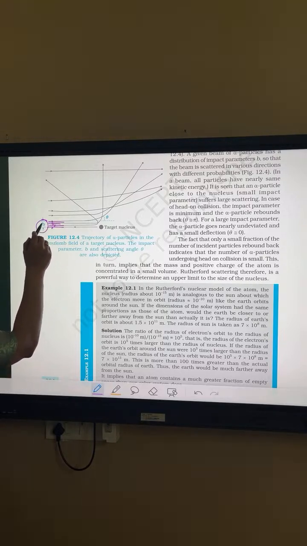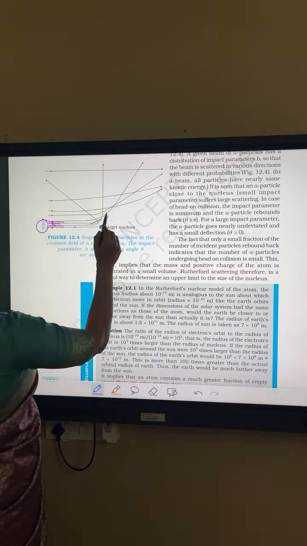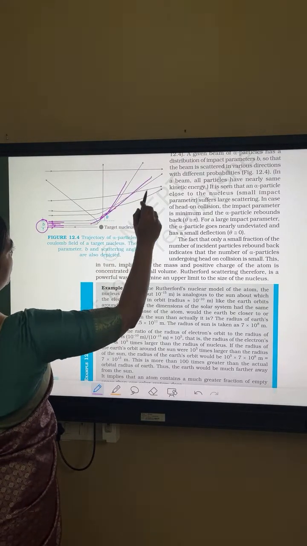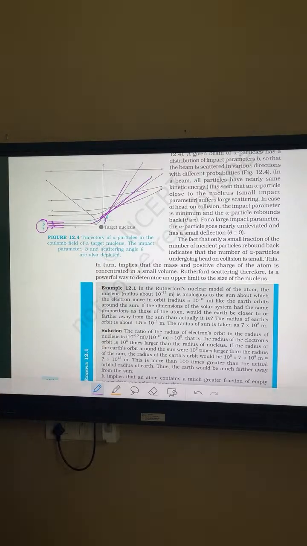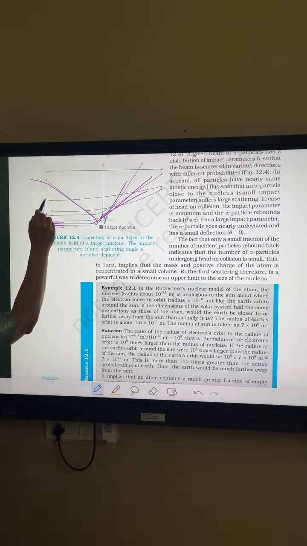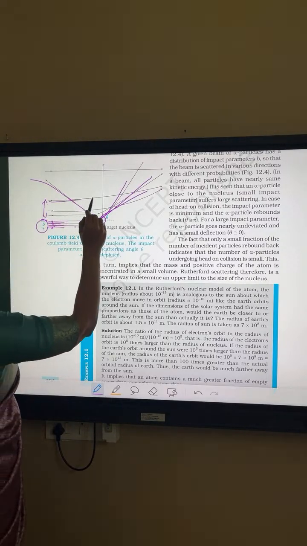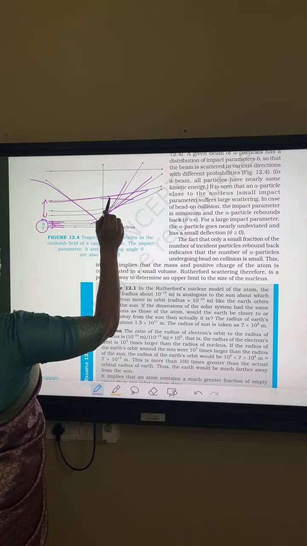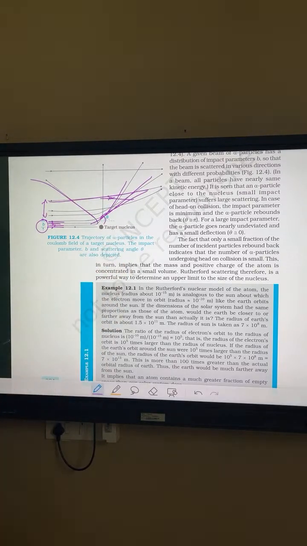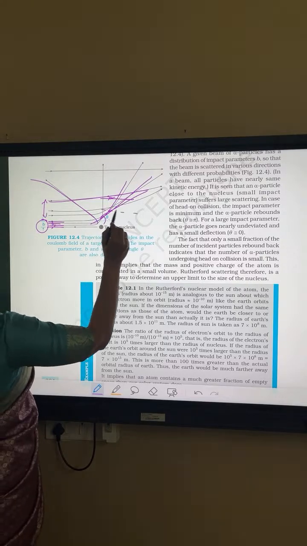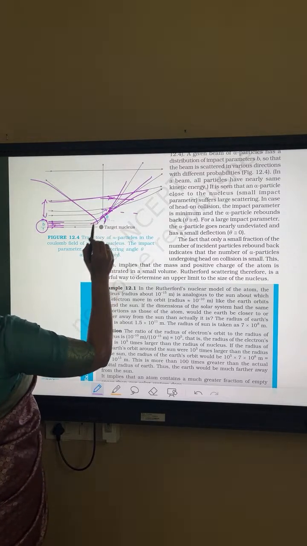If the parameter is very small, it gets deviated by an angle. See, backward deflection also happens. If the parameter is high, then it may experience less deviation. See, the angle is very small. Understood or not?